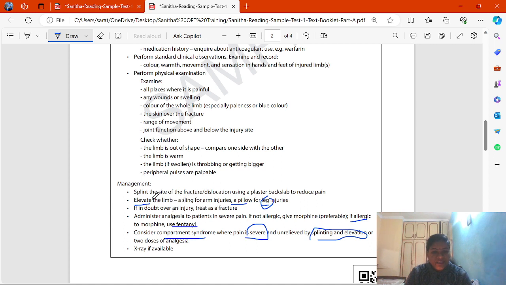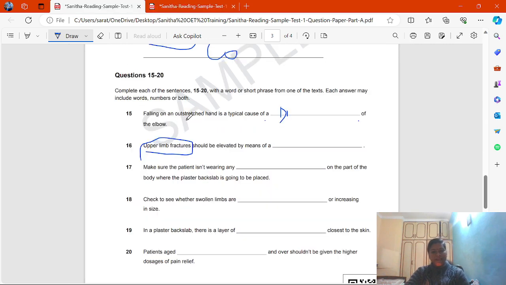See, elevate upper limb fractures. Arm injuries, arm means upper limb. Sling. What is the answer? Sling. We have to write only sling here.